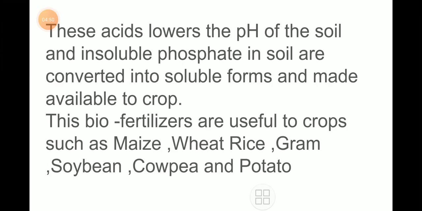to lower the pH of the soil, and insoluble phosphate in the soil is converted into soluble or absorbable forms, and like that it is made available to the crop or the growing plant. Keep in mind this mechanism. Why only specific microbes, only specific bacteria and fungi?